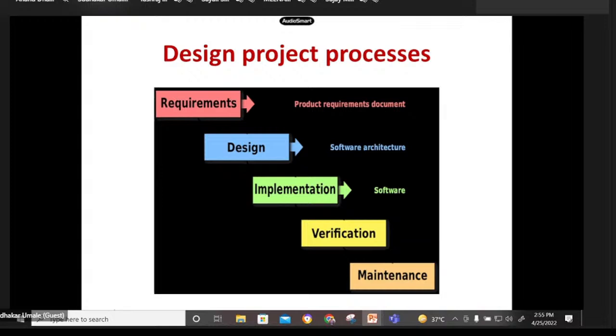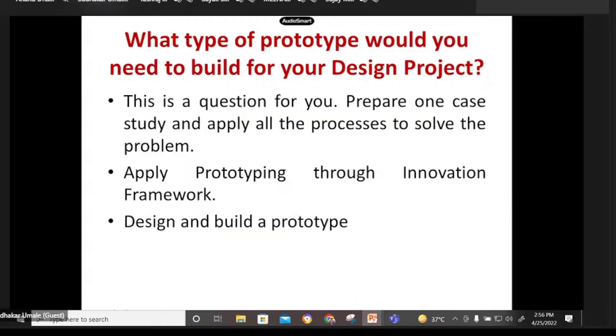Then we go to the design process. For that, we require some software architectures. When design is implemented, it is implemented through some software. We require the verification of the software and product, and after that we have to maintain that product very well.